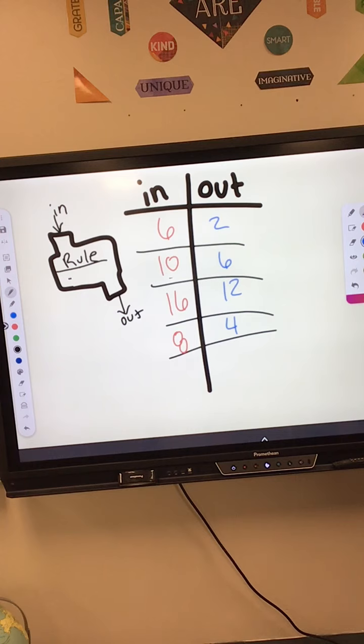Write the rule on your board. You're not drawing this whole thing, you're just writing the rule. I don't want to see anything on your board but the rule.